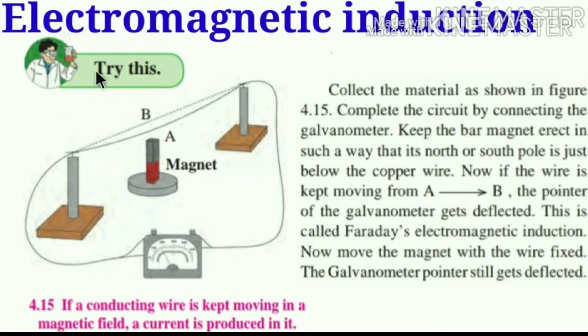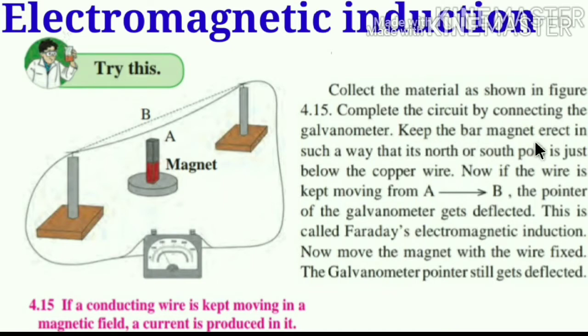Let's try this activity. Collect the material as shown in figure 4.15. What is the material? This is a coil, a magnet and a galvanometer. Complete the circuit by connecting the galvanometer.